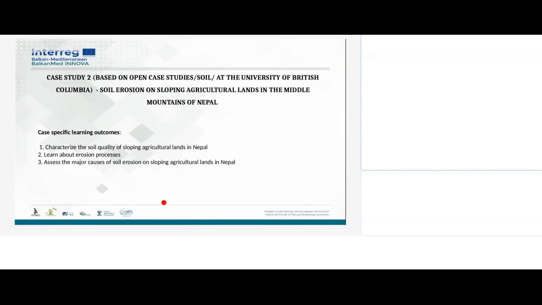Another type of erosion is wind erosion. It's also a natural process that moves soil from one location to another by wind power. This erosion can cause significant economic and environmental damage.